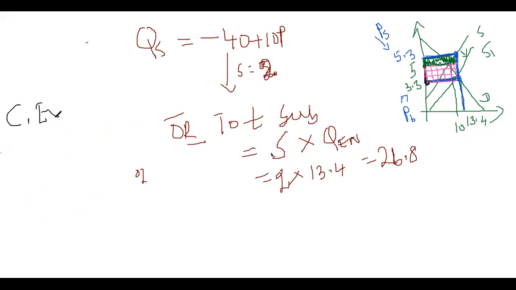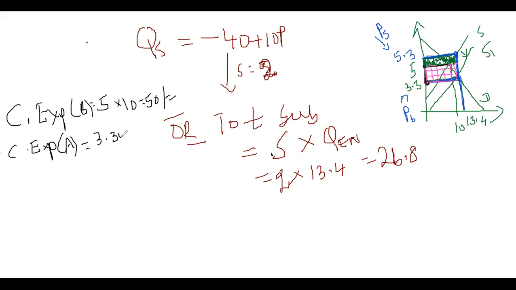Consumer expenditure before: consumers bought 10 units by paying 5 rupees before the subsidy. Therefore, 5 into 10 is equal to 50 rupees. Then consumer expenditure after: after the subsidy, the consumers pay 3 rupees and 30 cents for a unit and get 13.4 units.